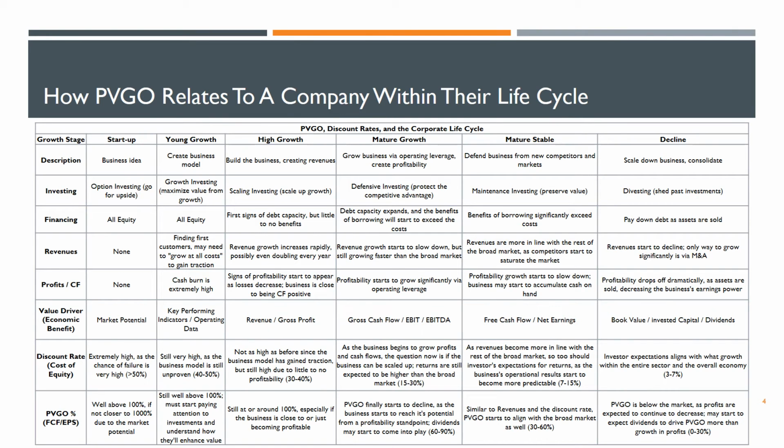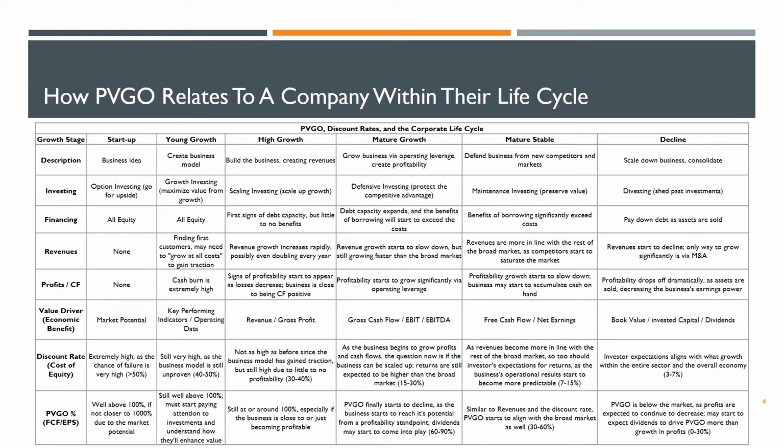Well, for starters, let's look at how PVGO relates to a company within its life cycle. Now, a company goes through a typical life cycle similar to an industry. It starts off as just an idea, and you get some backing and you start to create a business model.